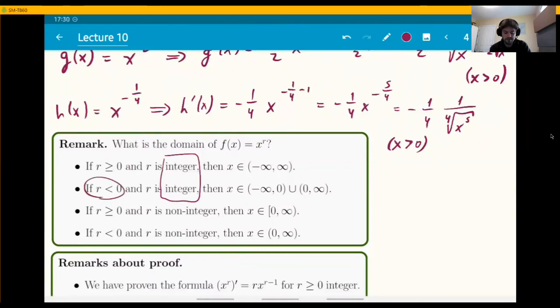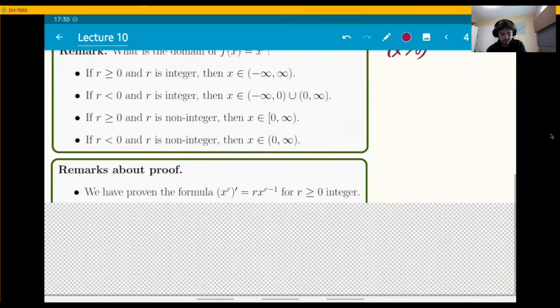If r is negative, you cannot include 0 in the domain. However, if r is non-integer, the domain is considered by default to not have negative numbers. And it could be from 0 onwards, including 0 or excluding 0, depending on the sign of r. So we should just remember this if we are ever asked about the domain.